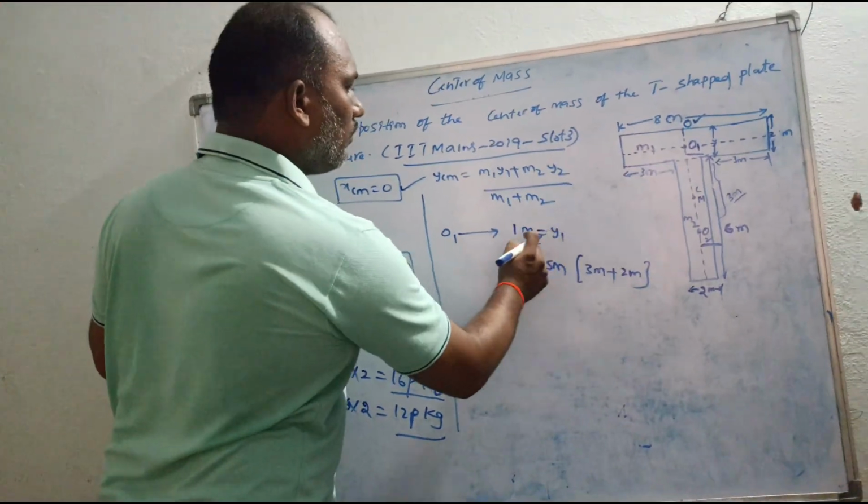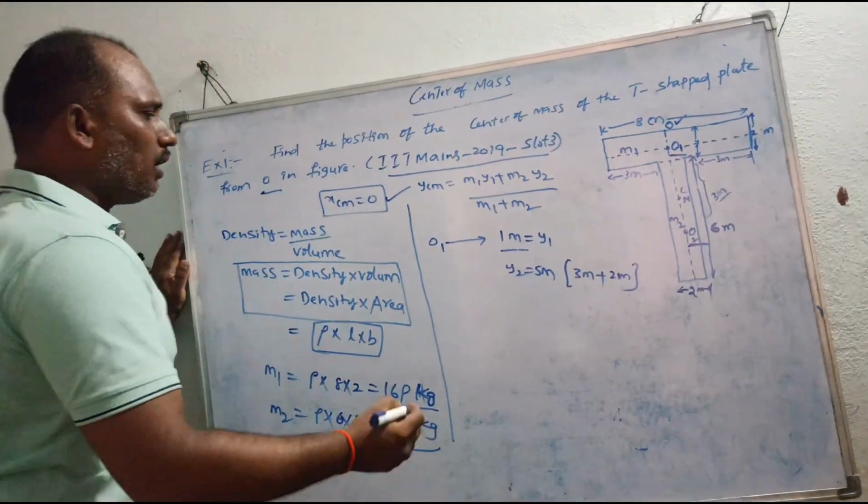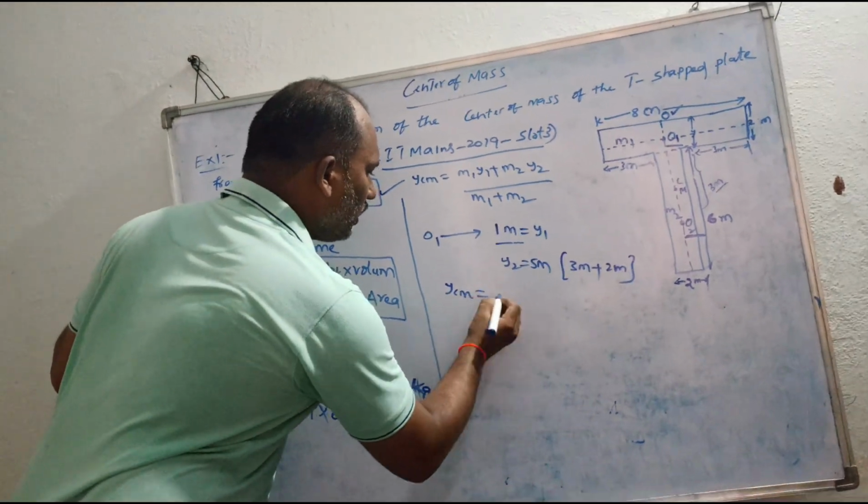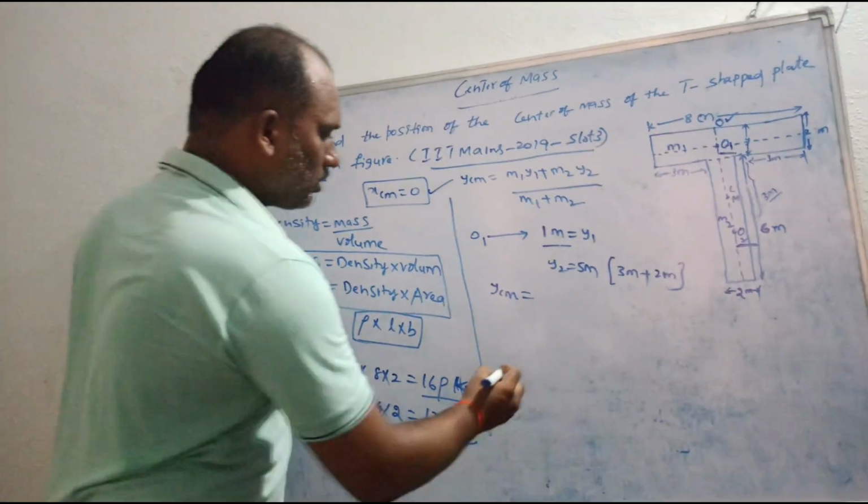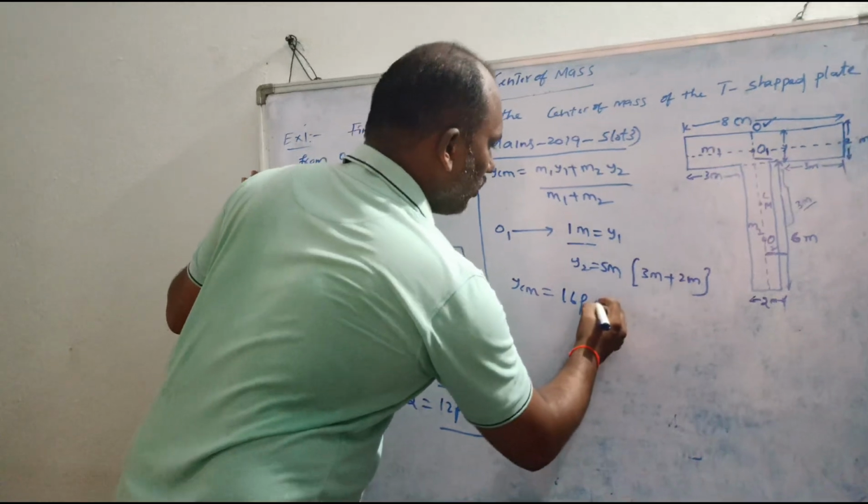So now we have the Y1 value and Y2 value, M1 and M2. Finally we want to calculate Y_CM, easy enough. What is M1? 16 rho. What is Y1? 1.